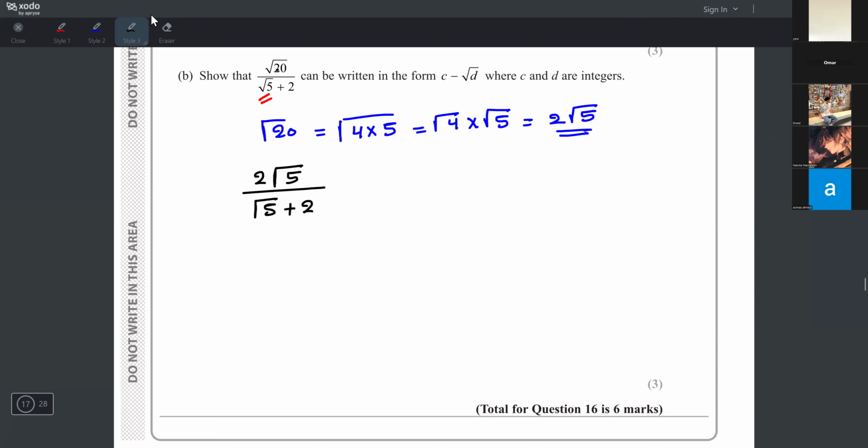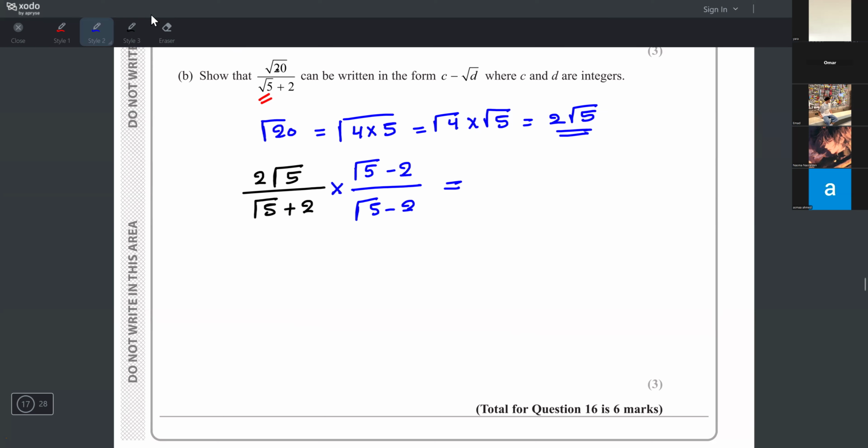The second step, Nisma, is to rationalize the denominator. How can we make the denominator a rational number? Multiply by the conjugate, root 5 minus 2, not plus 2. It changes the sign: root 5 minus 2 over root 5 minus 2.